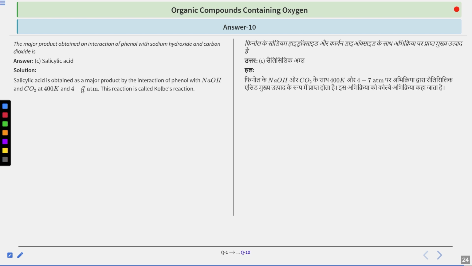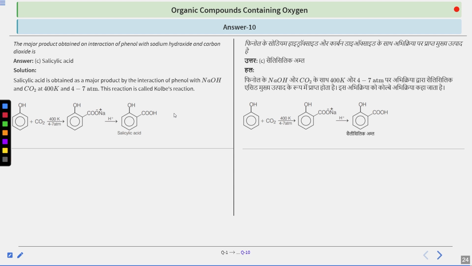Salicylic acid is obtained as a major product by the interaction of phenol with NaOH and CO2 at 400 Kelvin temperature and 4 to 7 atmospheric pressure. This reaction is known as the Kolbe-Schmitt reaction. We have phenol plus CO2 at 400 Kelvin temperature and 4 to 7 atmospheric pressure.